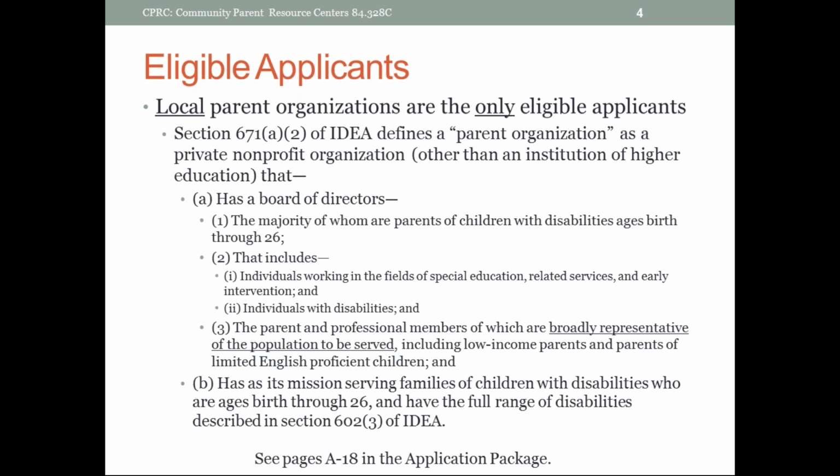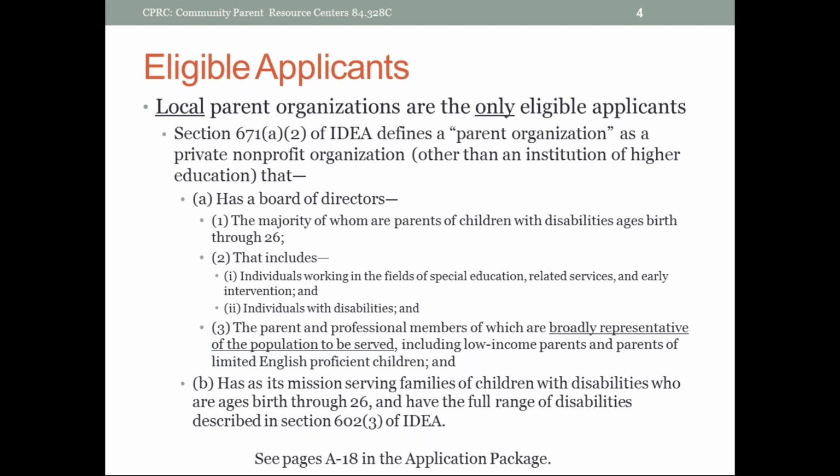The second part of making an eligible applicant is that that board and that organization must have its mission serving families of children with disabilities who are ages birth through 26 and have the full range of disabilities described in this section. So what that means is you may be a parent organization and meet the first criteria, that you have a board of directors and they're the majority of parents of kids with disabilities.